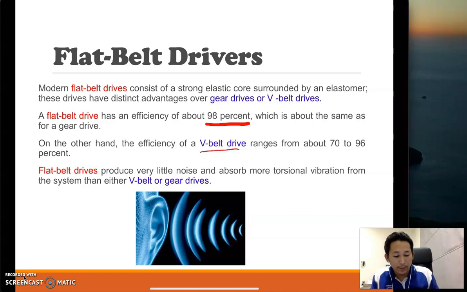So for V-belts, 70 to 96, but for flat belts, 98. Flat belt drives produce very little noise, so noise is reduced, and they absorb more torsional vibration than either V-belts or gear drives. So you can see that flat belts are better than V-belts or gear drives.